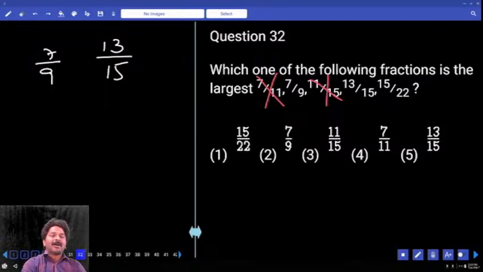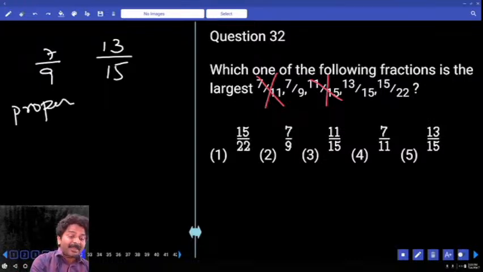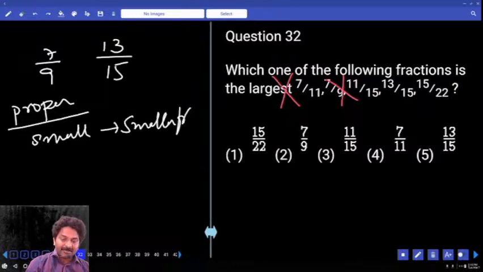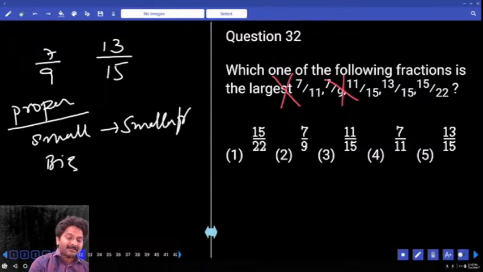Now what fractions are these? Are these proper fractions or improper fractions? Come on, proper fractions. If you have proper fractions, small numbers are smaller fractions, big numbers are bigger fractions.